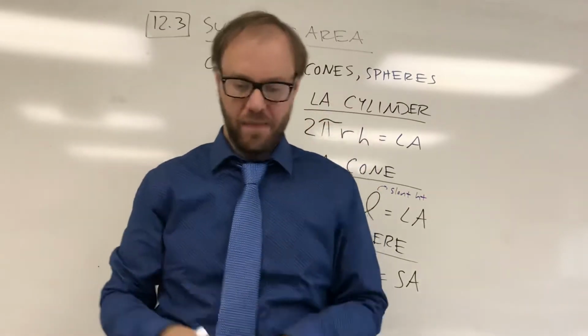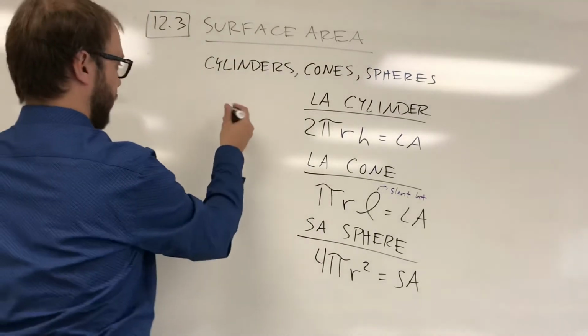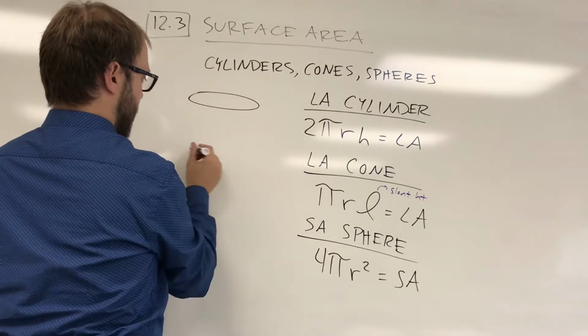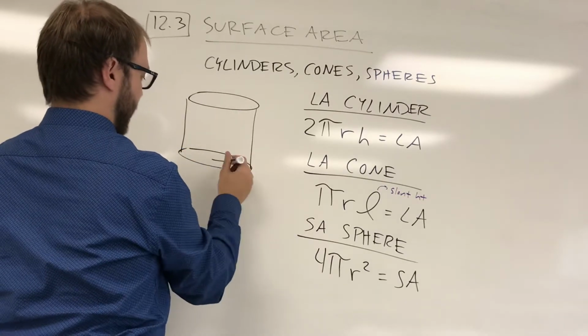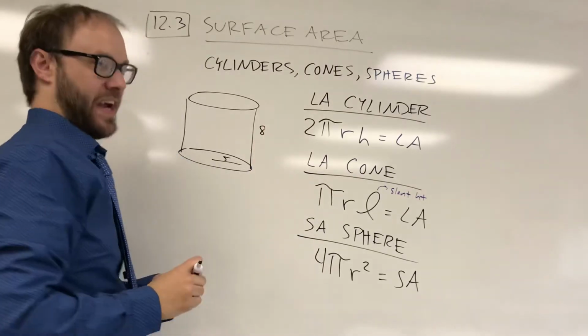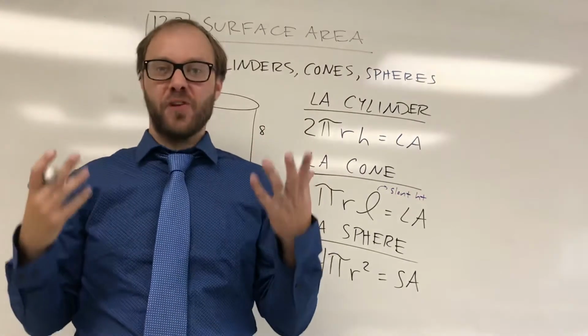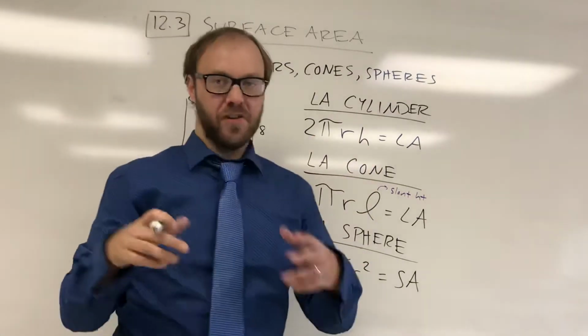So let's run through a couple of example problems here. Let's say that I had a cylinder that had a radius of 5 and a height of 8, okay? And I'd like to find the lateral surface area of that. The formula is just 2 pi r h. You could toss it in the formula.